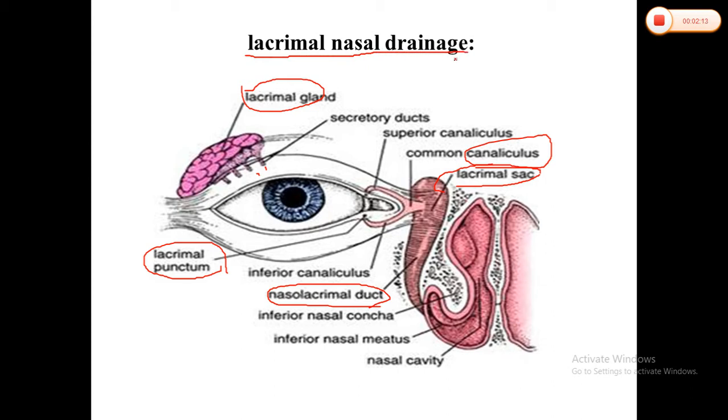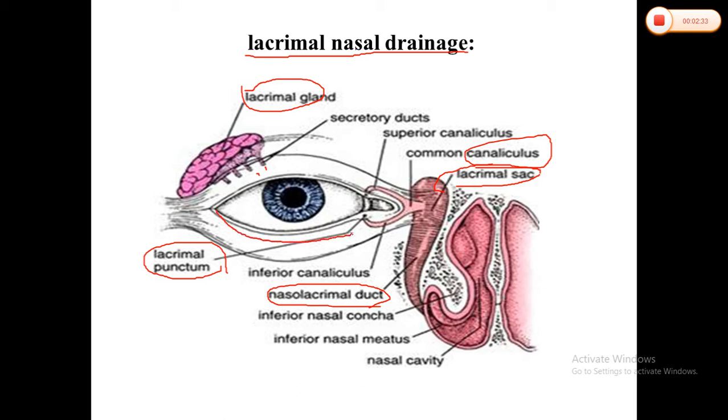So basically, when tears are secreted from the lacrimal glands, they are distributed evenly over the ocular surface by the eyelids.